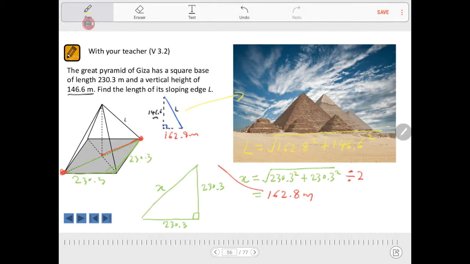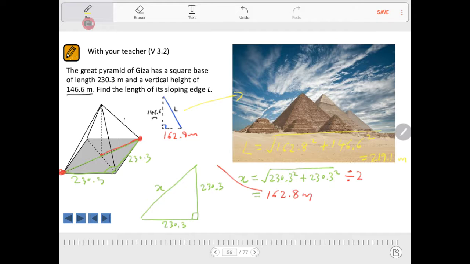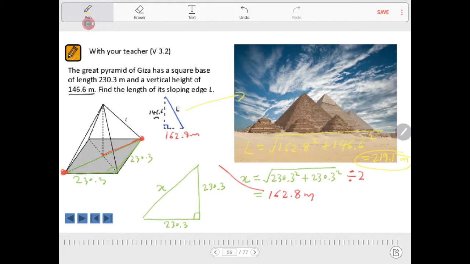If we put that into the calculator, what do we get? 219 or so, 219.1 metres. There's our final answer for L.